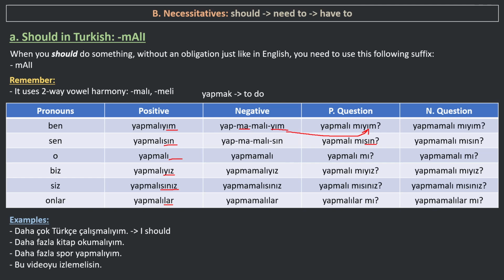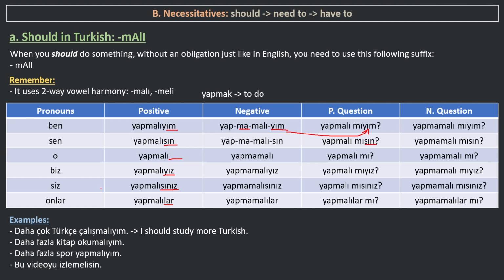So, çalışmak, it can mean to work, but also it means study. So, I should study more Turkish. Or I should study Turkish more. Maybe that's better.